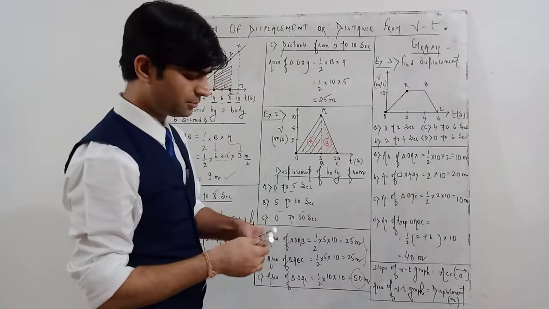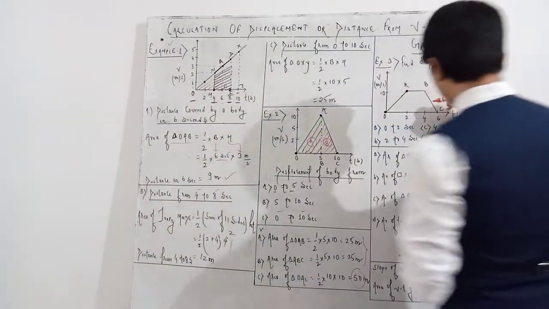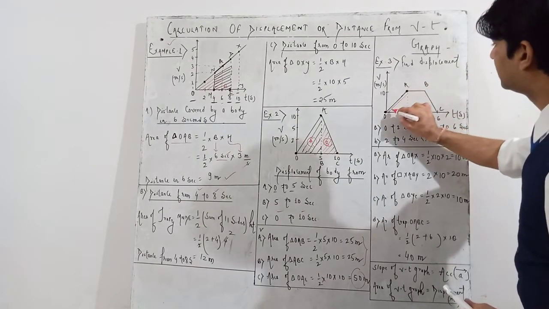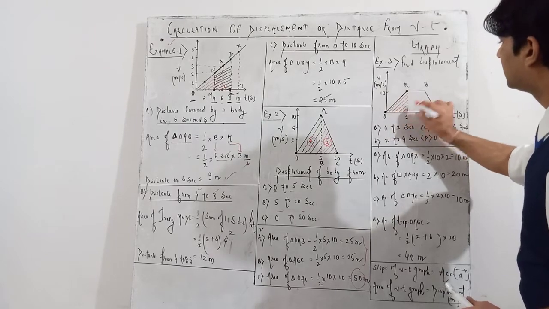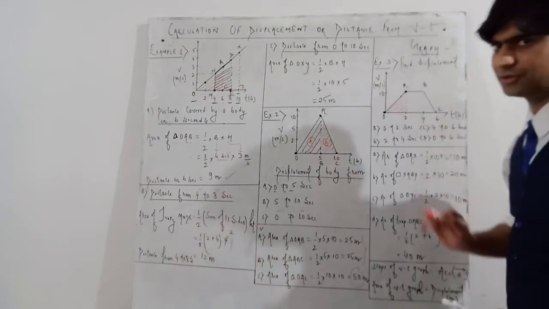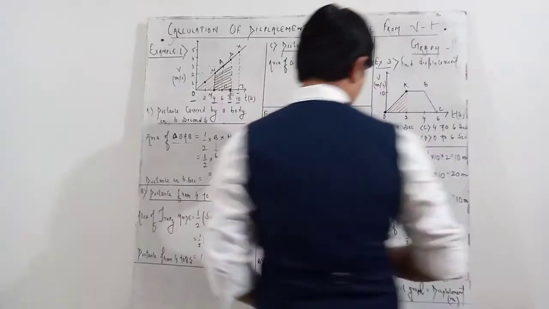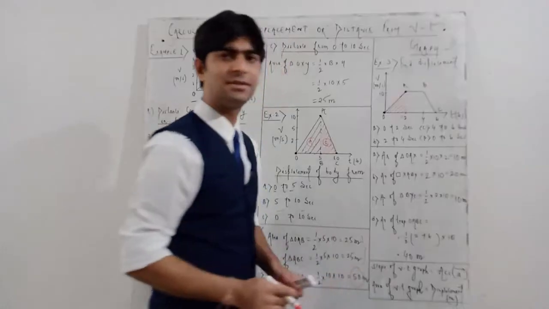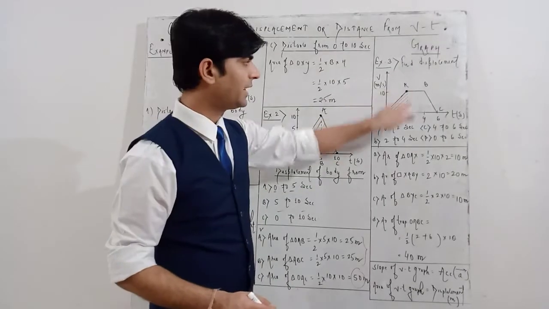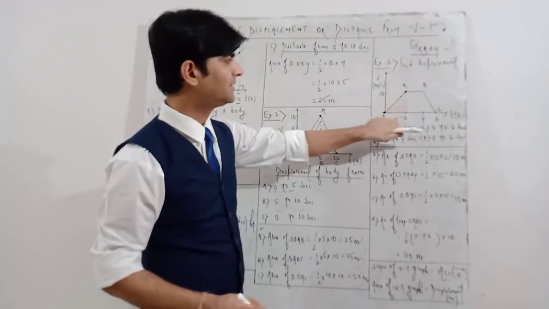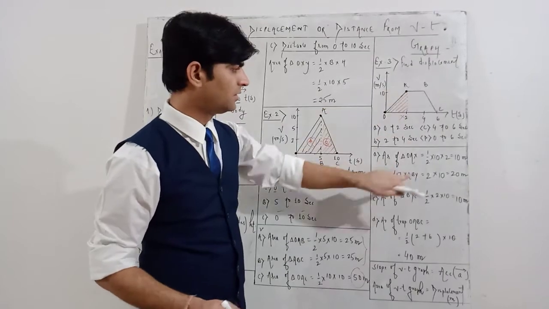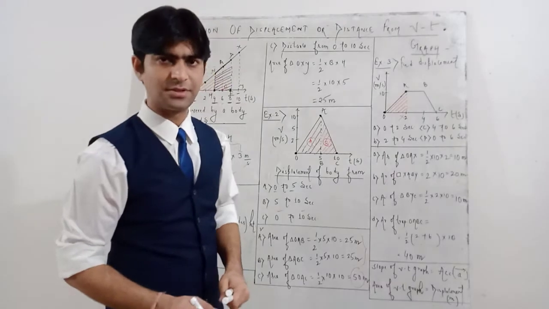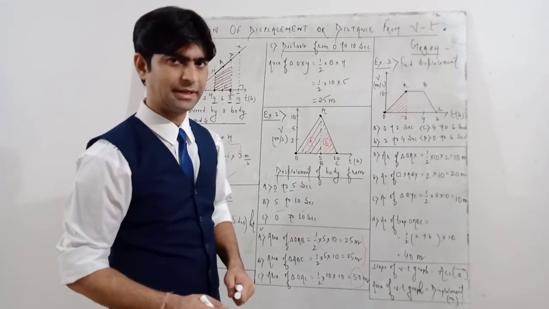If you shade this portion, you again get a triangle. So the area of triangle OAX, this point I am writing as X: half of base, which is 2, and height, which is 10. So half of 10 into 2, the 2 cancels out, and it becomes 10 meters for 0 to 2 seconds.